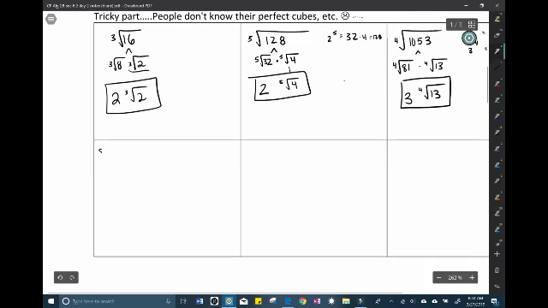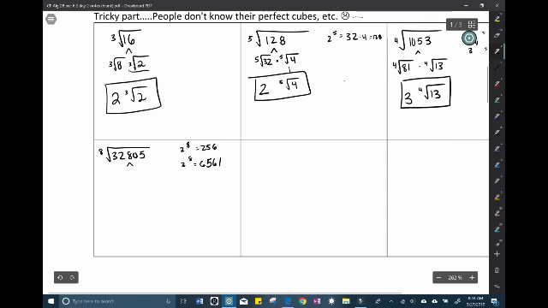The 8th root of 32805. Again, try out from the bottom. 2 to the 8th is 256. 3 to the 8th is 6561. And try and divide those into 32805.